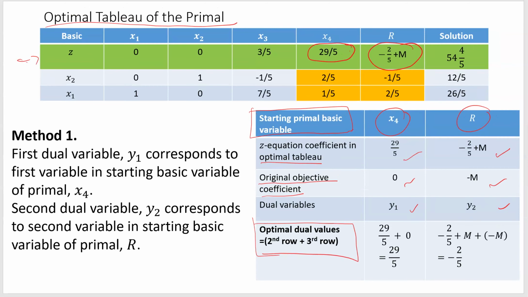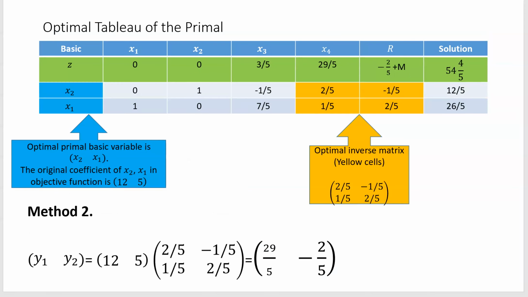The formula is you just add the second row to the third row. So you get the summation, this number and this number. So this is method 1. This is method 2.